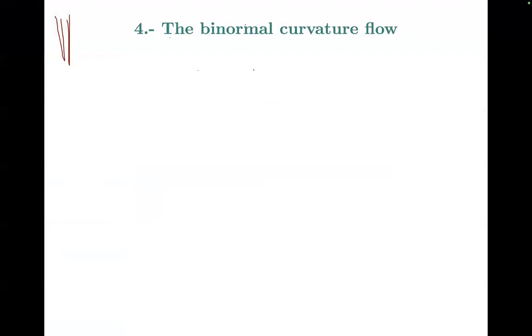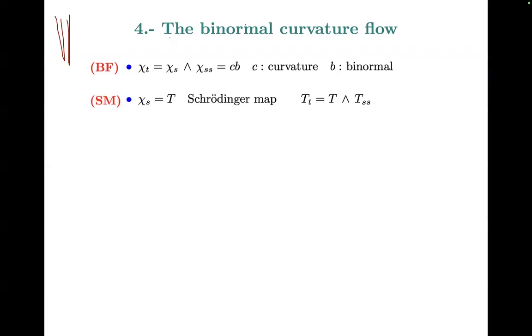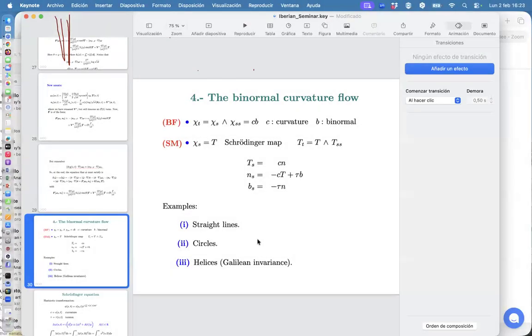Okay, now just a few words about the binormal flow. The binormal flow is the one you see here, and it is the curvature times the binormal. Then if you differentiate once, you obtain what is called the Schrödinger map, because if you differentiate the S here, it gives you 0, so the only thing that can happen is that the derivative falls here. So then you obtain this other case.